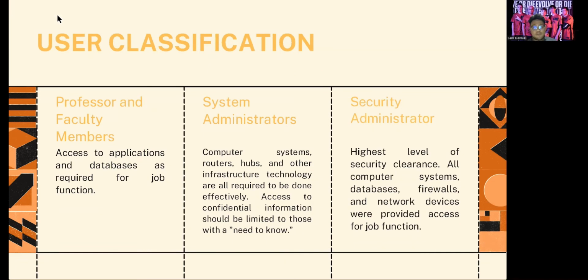Computer systems, routers, hubs, and other infrastructure technology are all required to be managed effectively. Access to confidential information should be limited to those with the need to know. Up next is the security administrator, with the highest level of security clearance. All computer systems, databases, firewalls, and network devices were provided access for job function.